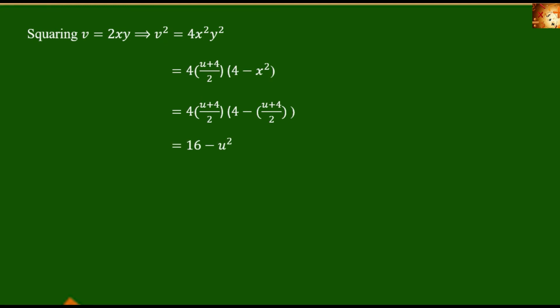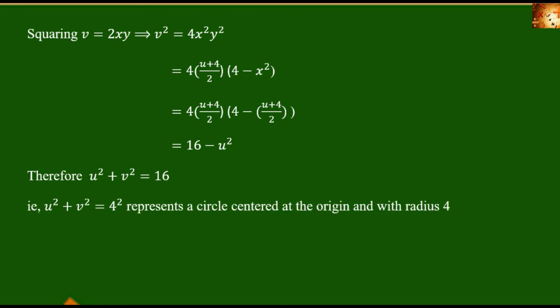Solving this we get v square equal to 16 minus u square. Arranging the equation we get u square plus v square equal to 16, which represents a circle centered at the origin and with the radius 4. So y equal to root of 4 minus x square is mapped onto a circle with the radius 4 and center at the origin.